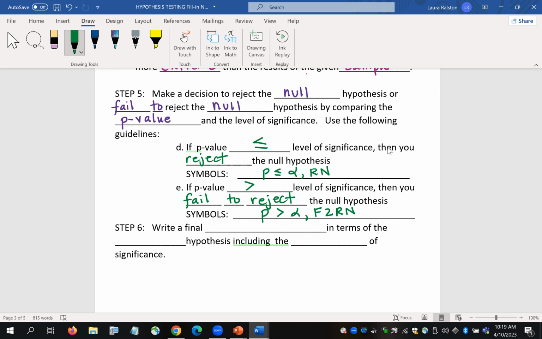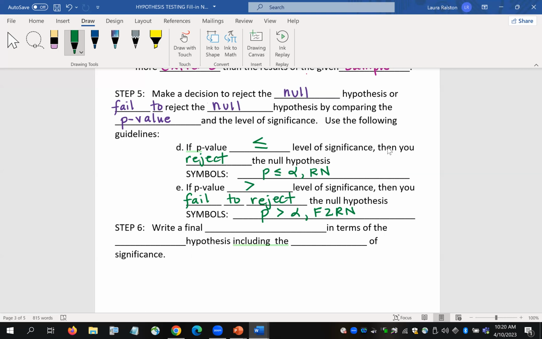Now, let me pause here for a minute because I want to talk about those phrases. Guys, it's reject the null and fail to reject the null. Never, ever should you say that you accept the null hypothesis. That is a huge no, no, no in statistics.